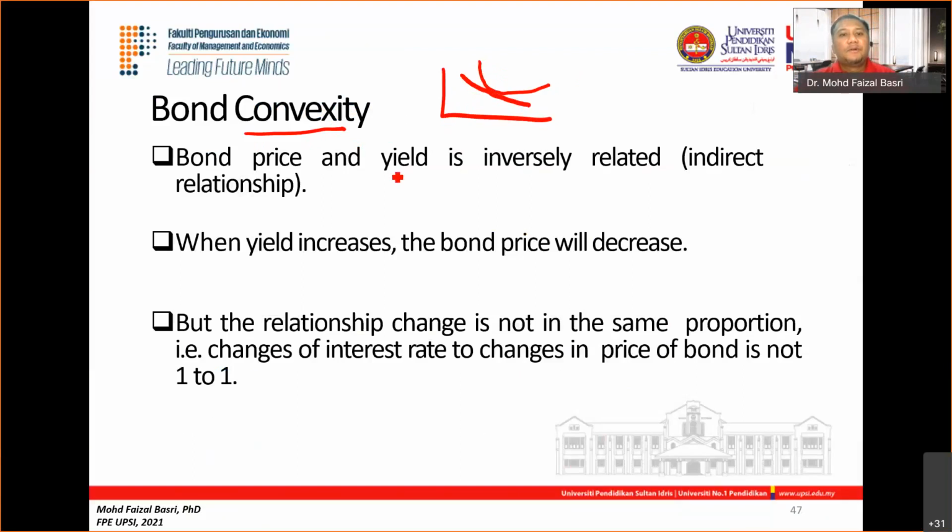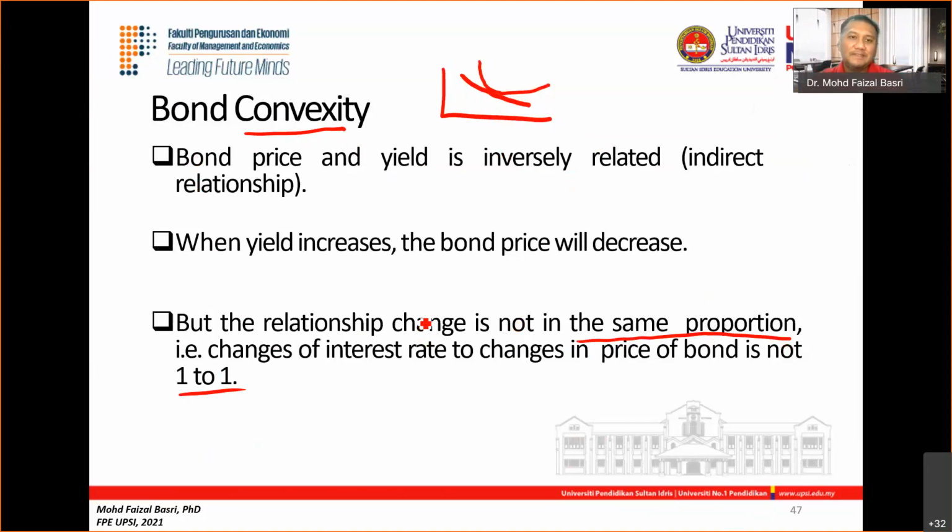So the first two bullets are actually the same as I said before. They're inversely related. So when the yield increases, the bond price decreases and vice versa. However, the key point here, they believe that the relationship is not at the same proportion. It's not a straight line. It's not one-to-one changes. So because of that, they created what we call the convexity.